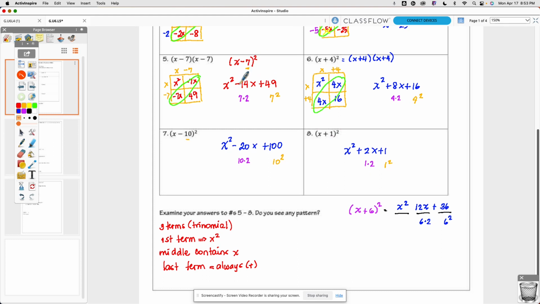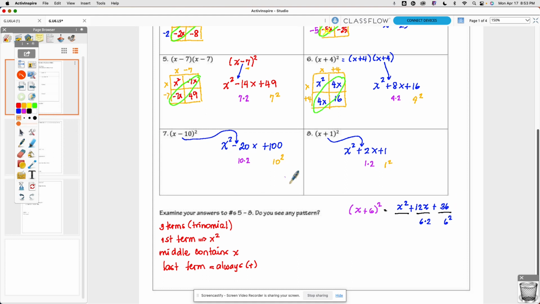For number 5, the middle term is negative because it follows that sign. Here, it's positive. It follows that sign. So whatever the sign separating your binomial is, that is the sign that you will have to follow. Since this is plus 6, then your middle term should also be positive.